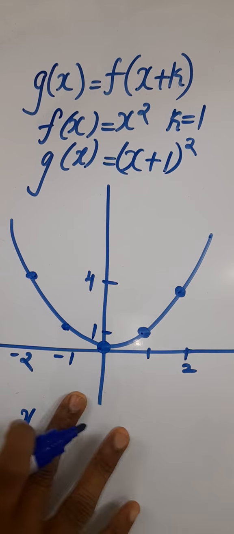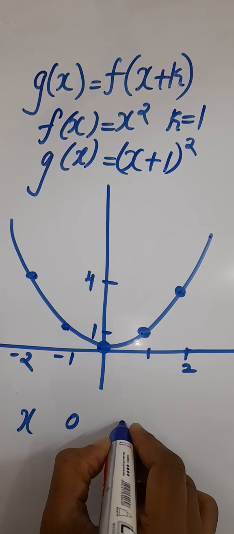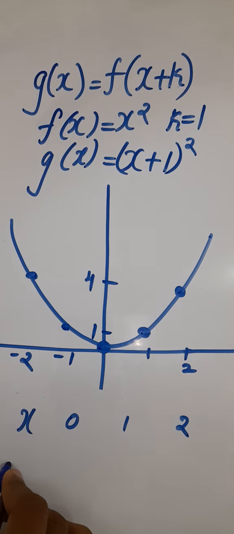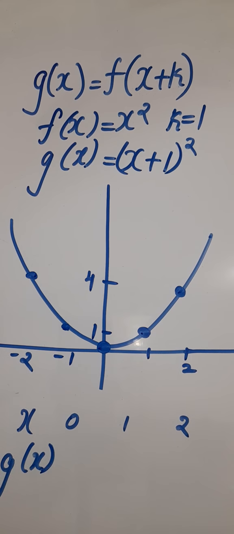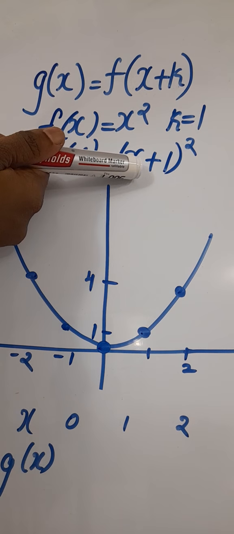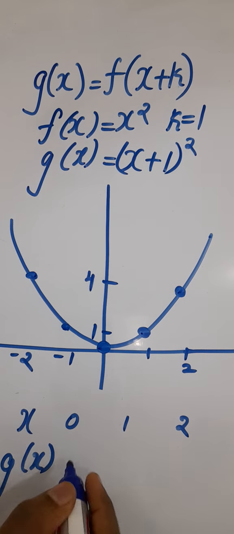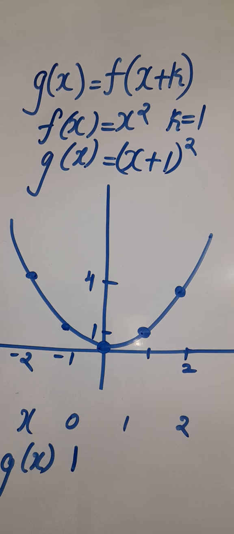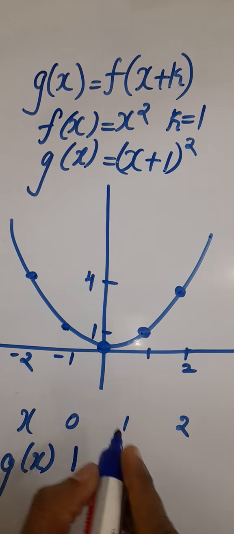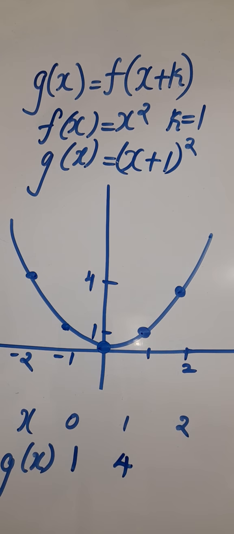For various values of x, 0, 1, 2, let us see what are the values that we get for g of x. When x equals 0, we get 0 plus 1 the whole square, which is 1. For x equal to 1, we get 1 plus 1, 2, 2 square, 4. For x equal to 2, we get 2 plus 1 the whole square, 3 square, which is 9.